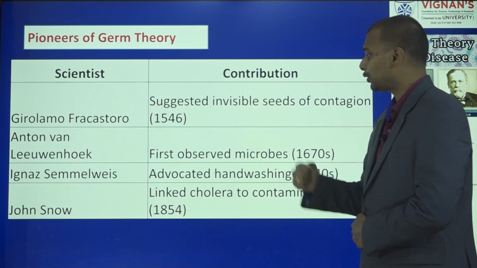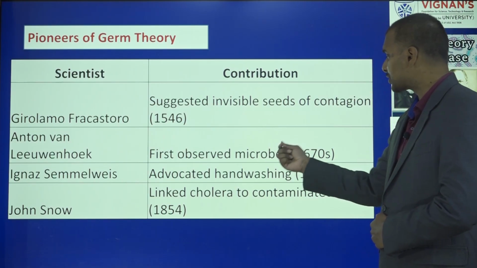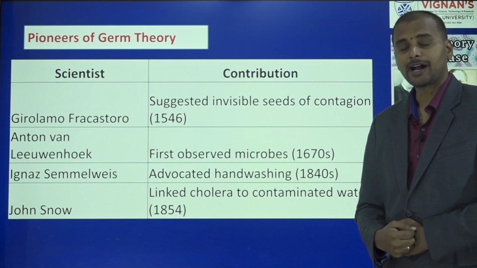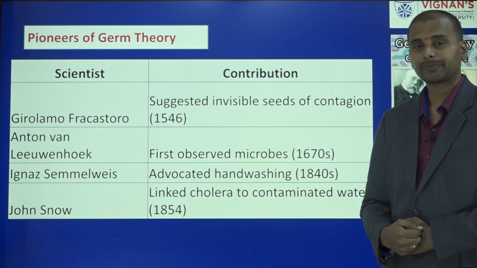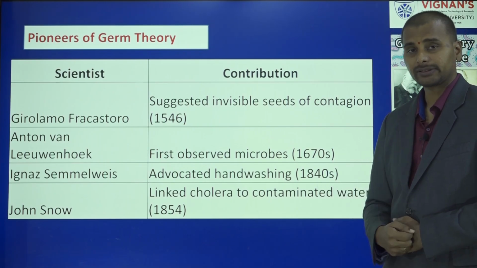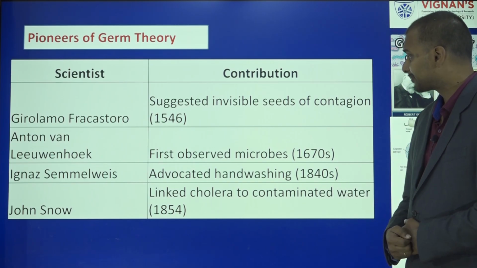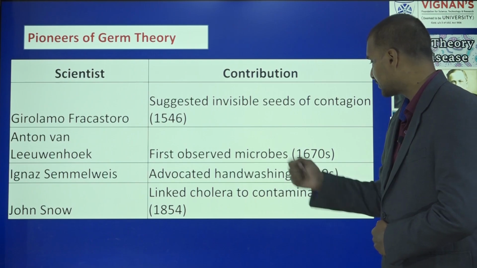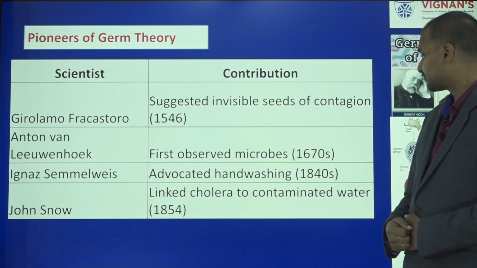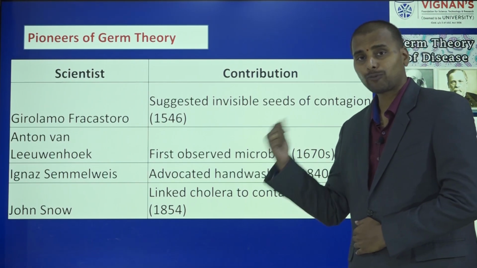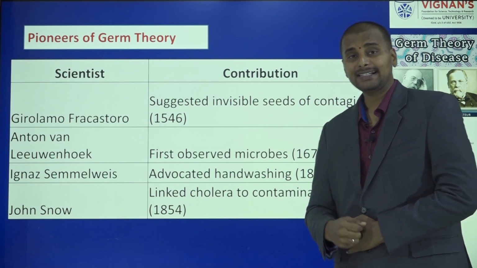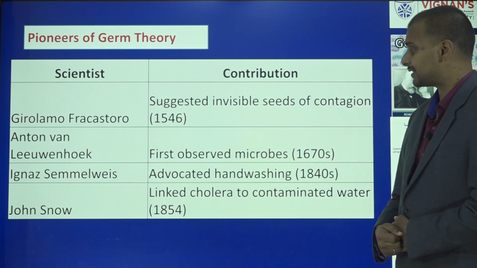Anthony van Leeuwenhoek first observed microorganisms under the microscope in pond water. He called them animalcules. Later, Ignaz Semmelweis advocated hand washing, which prevents the spreading of disease.